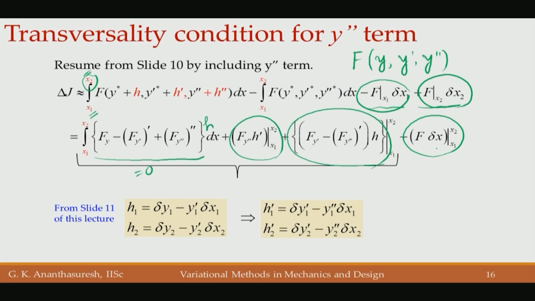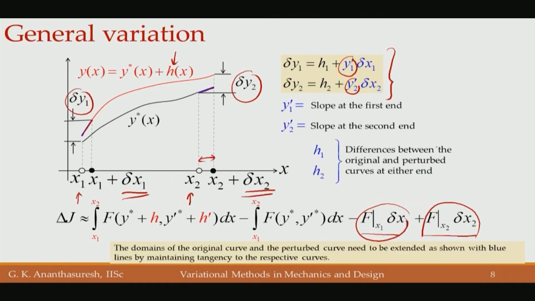Now, when you have h, we said that h is different from delta y now, because h is at some point, again if you go back to this, at any point the distance between these two curves is actually h, as our usual perturbation in the function, variation in the function. But what we call delta y is a corresponding point.